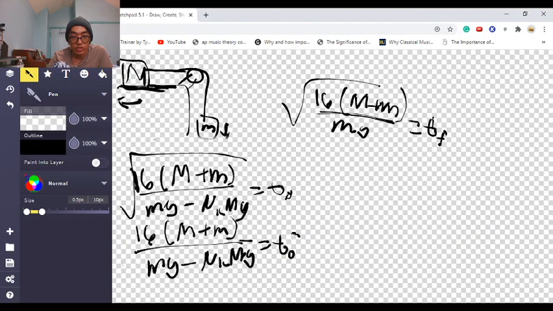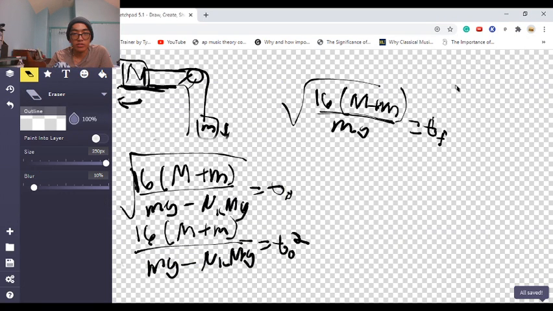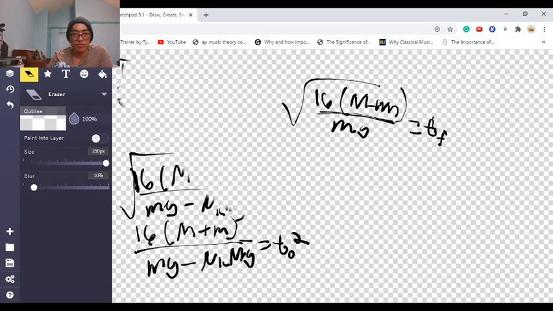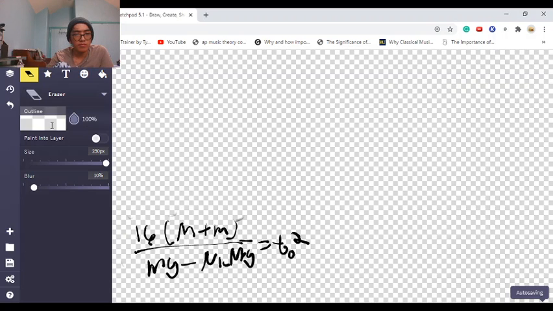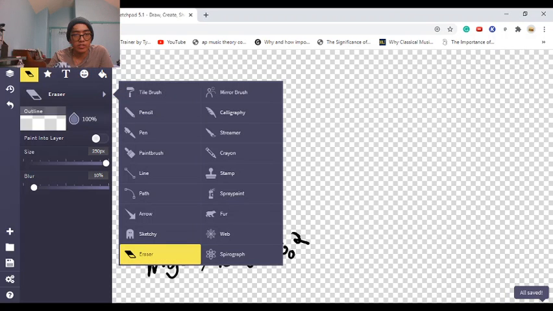Remember, it's the original time, the time with the friction. And again, we're going to square it on the other equation too. Actually, I'm just going to erase this scenario right up here, and this one also. And what you're going to get is both of these equations right here.